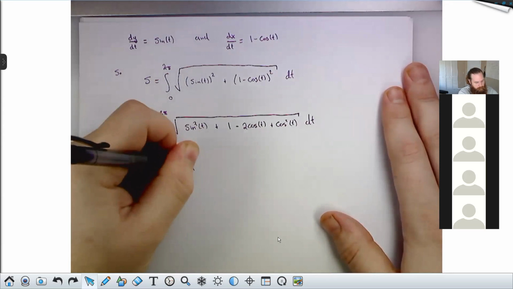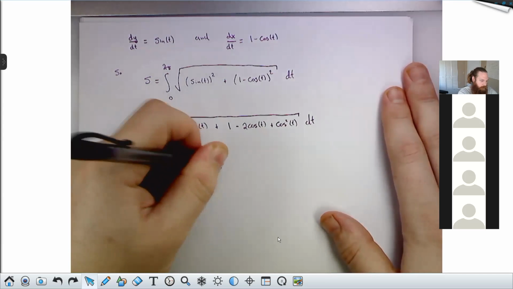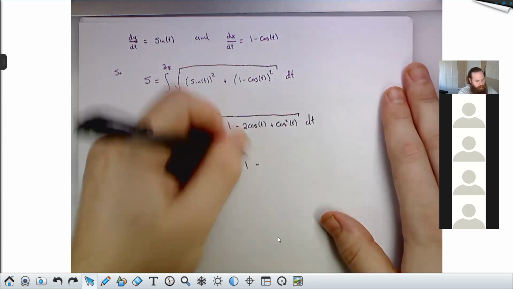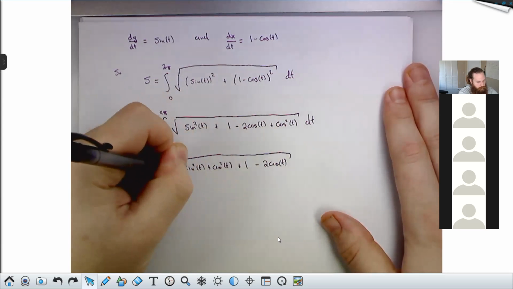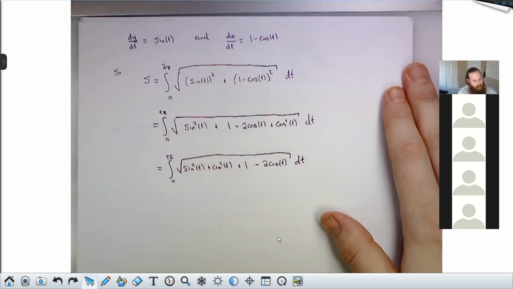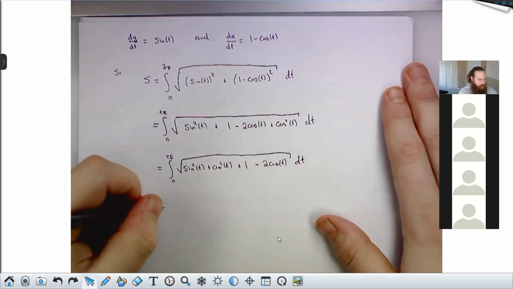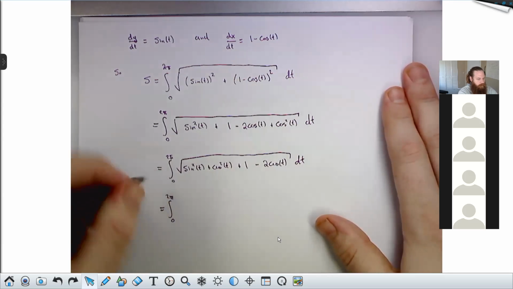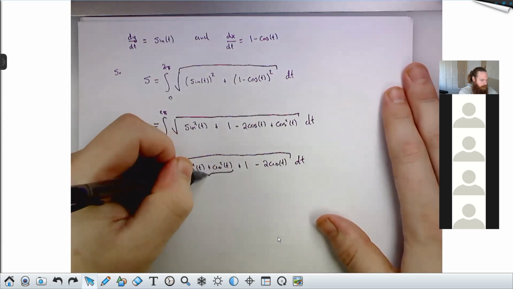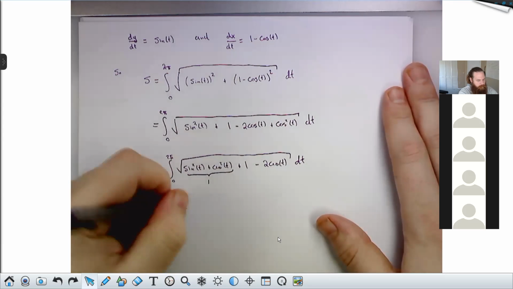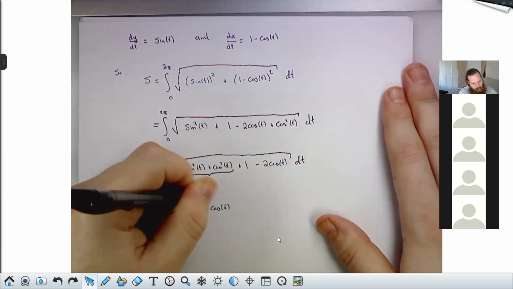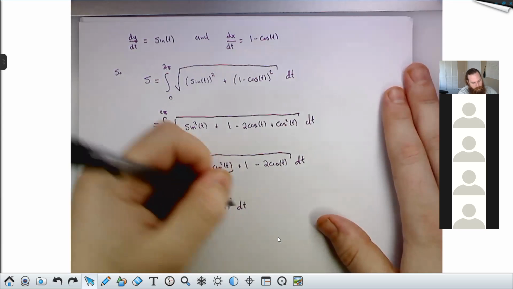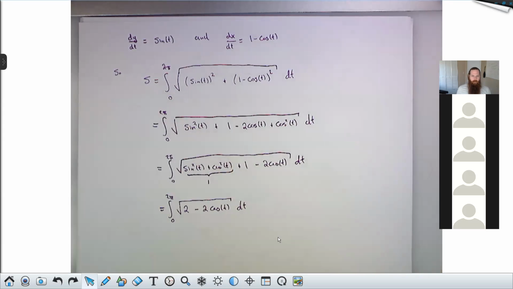This is sine squared t plus cos squared t plus 1 minus 2 cos t, all under this radical. And sine squared plus cos squared is 1. So I've got 1 here, plus 1 there is 2 minus 2 cos t. Anyone got a clue how I integrate that? It's not something we've seen before.